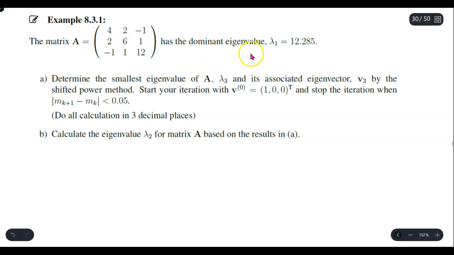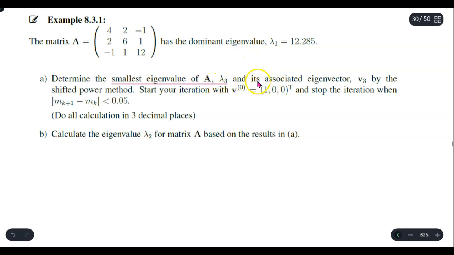Our task is to determine the smallest eigenvalue of matrix A, which we denote as lambda 3, because our matrix A is 3 by 3, so we have the eigenvalues lambda 1, lambda 2, and lambda 3. Lambda 1 is the largest or dominant eigenvalue, lambda 2 is in the middle, and lambda 3 is the smallest eigenvalue.